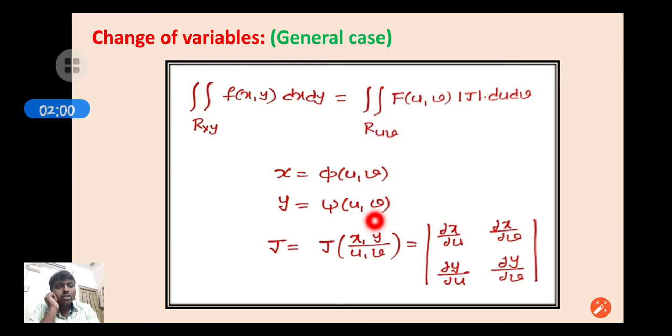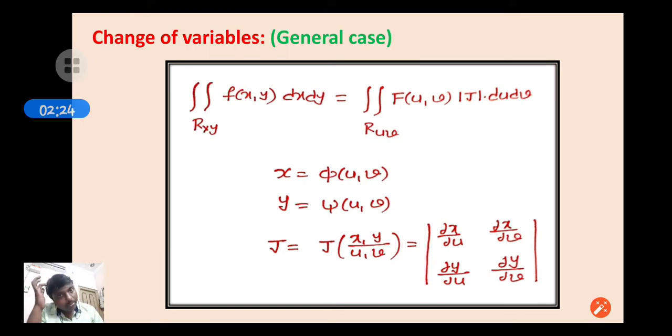So J is the Jacobian, J is equal to the Jacobian of x comma y with respect to u v. That is equal to the determinant of dou x by dou u, dou x by dou v, dou y by dou u, dou y by dou v. That is the Jacobian of xy with respect to uv.